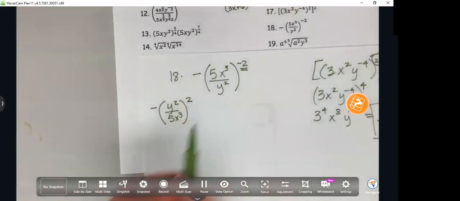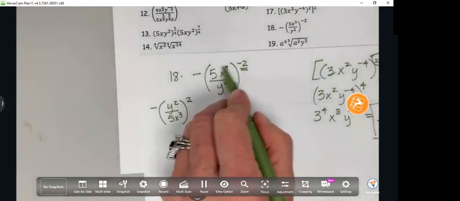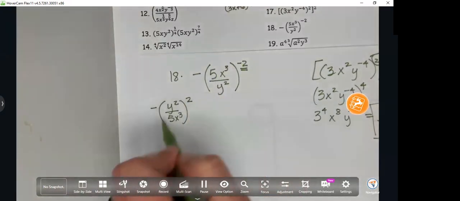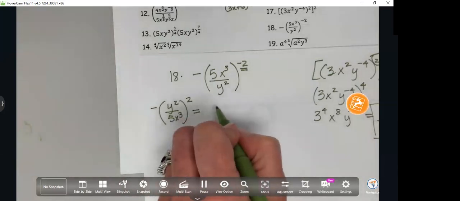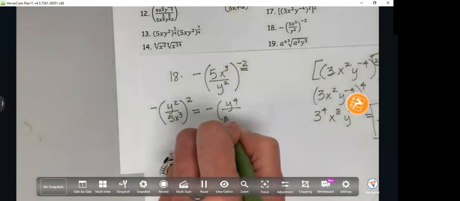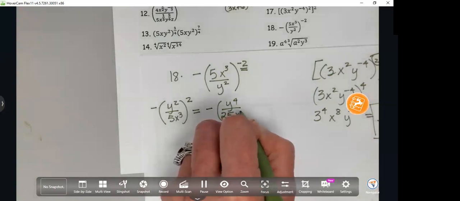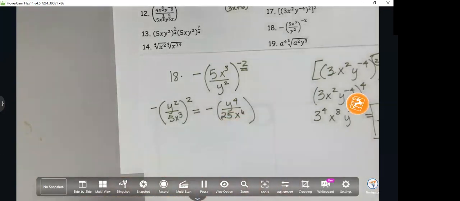Since I don't have any negative exponents, I'll just go with it here, but you could just multiply that by negative, negative, negative, negative, and eventually change it. But this is going to be a negative y to the 4th, and then this is going to be 25x to the 6th. And there you have that. I think that that's one of the answers. Let's double check.